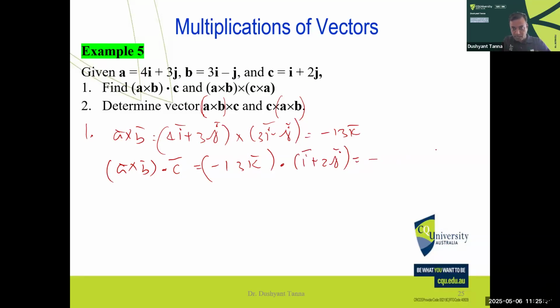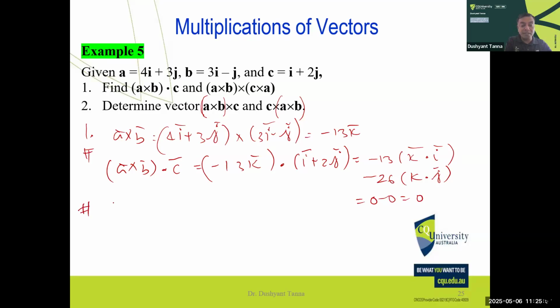So is k dot i. That will be 0. Minus 26k dot j, that is 0, minus 0 is 0. That's it. Yeah. With the second part of 1, let me obtain, I mean, this is one of them.